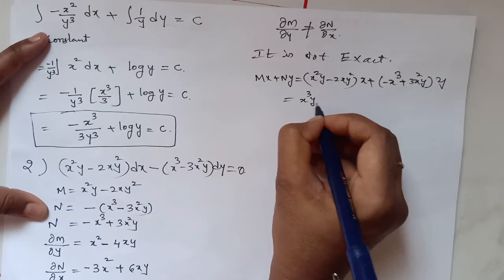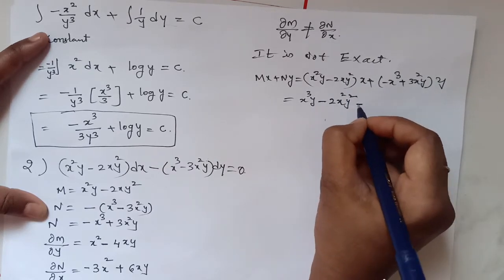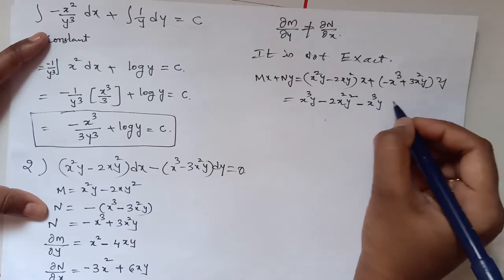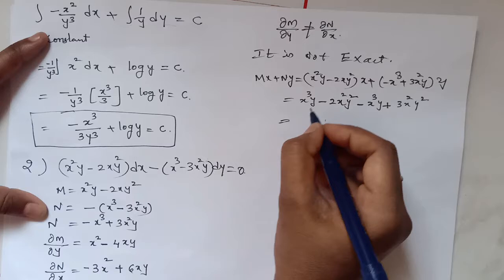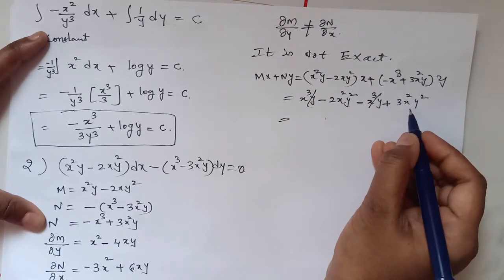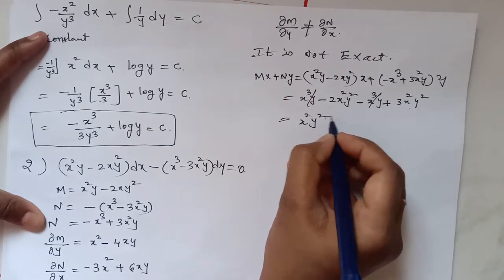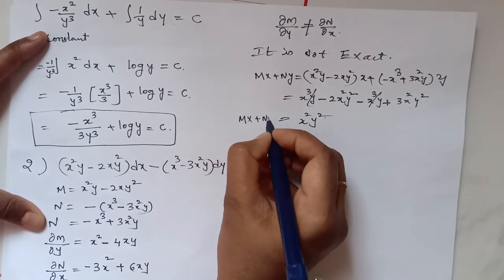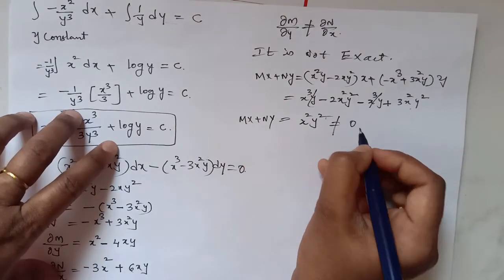That is x cube y minus 2x square y square minus x cube y plus 3x square y square. So x cube y minus x cube y gets cancelled. So 3x square y square minus 2x square y square is x square y square. Therefore Mx plus Ny, we got it as x square y square, which is not equal to 0.